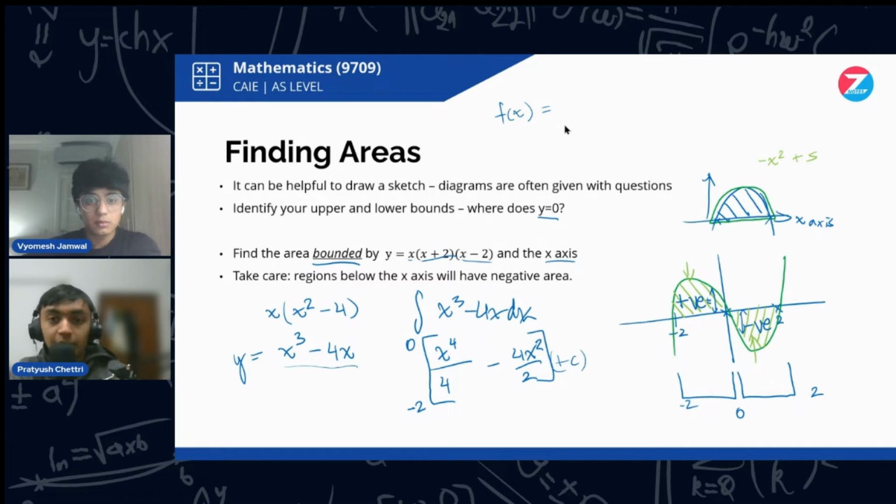Whoa. My presentation disappeared. x cubed, okay, so I'm going to speed run this. 2x squared.